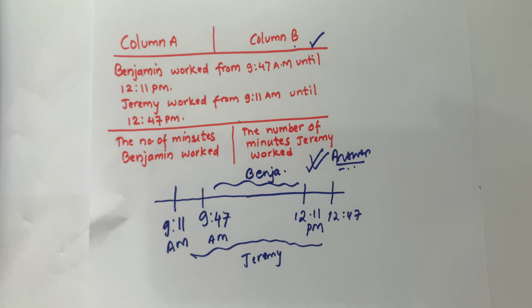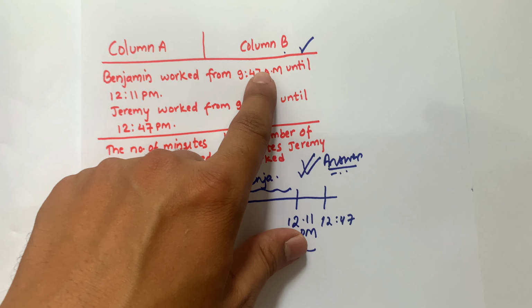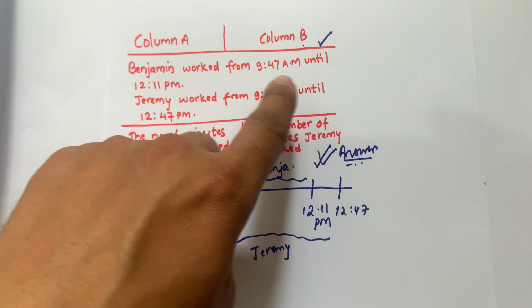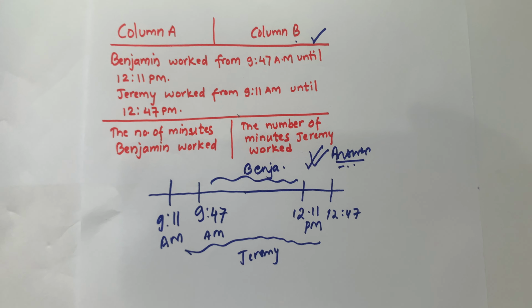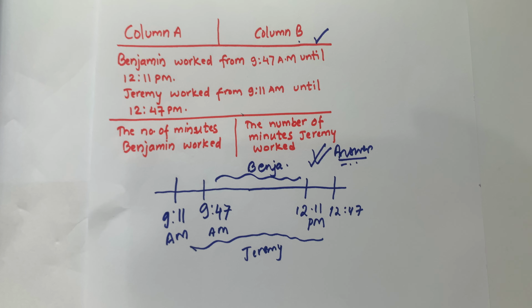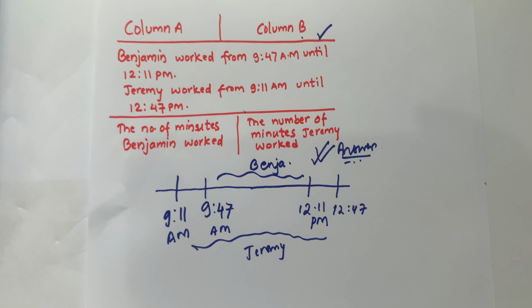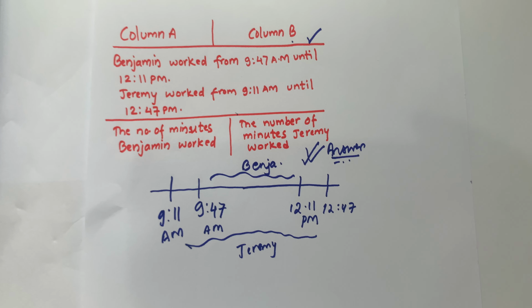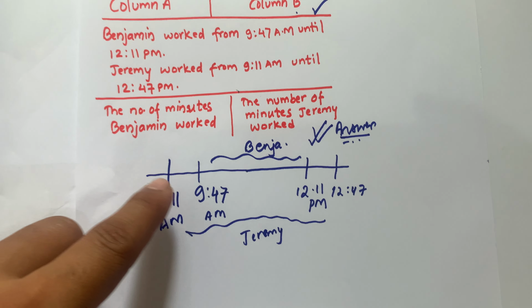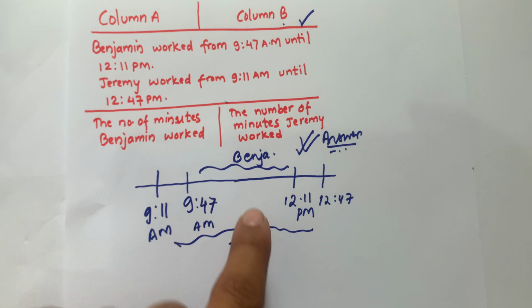Now the next question is column A and column B. We have to find which is greater. Benjamin worked from 9:47 am until 11 am, and Jamie worked from 9:11 am until 12:47. Number of minutes Benjamin worked, number of minutes Jamie worked. Here no need to calculate, just make this line.